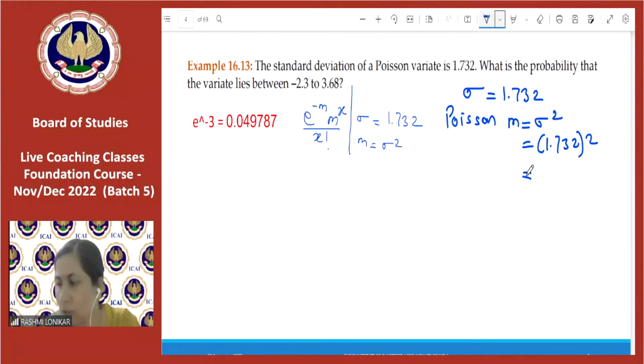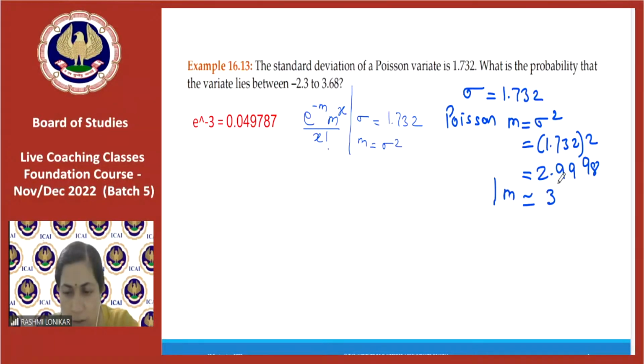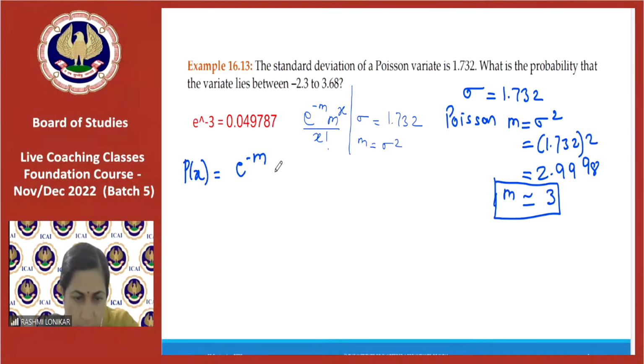Now what is 1.732 whole square? It is 2.9998, which is very near to 3. So from here we get m is equal to 3. Now we know that for a Poisson, P(x) is equal to e raised to minus m, m raised to x upon x factorial.